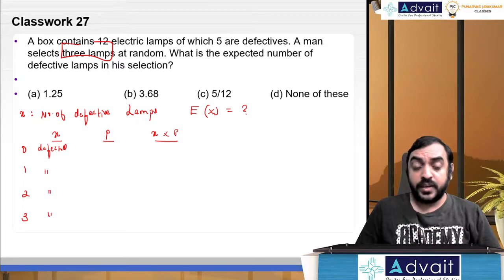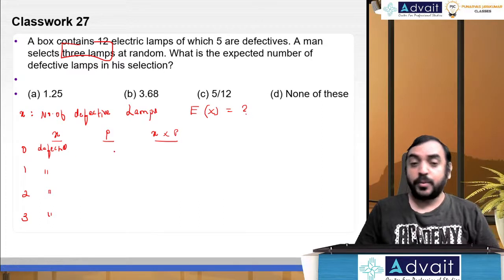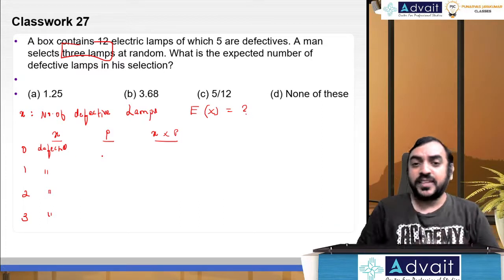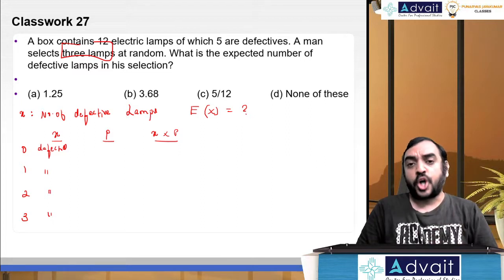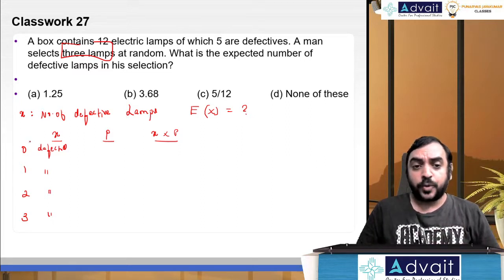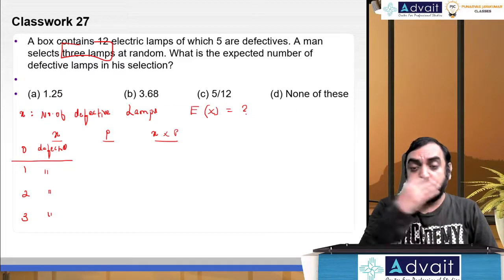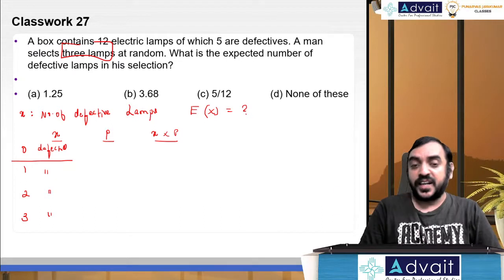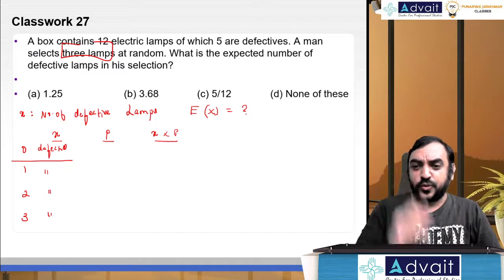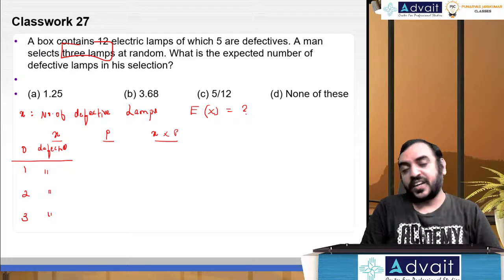Coming to the probability of it, we have to calculate the probability. Now, can you give me this combination? Yes, I have to use combination concept. What is the probability of selecting 0 defective? Just give me the number. I don't know the final number. I want the calculation, like 5C3, 5C2 like that.